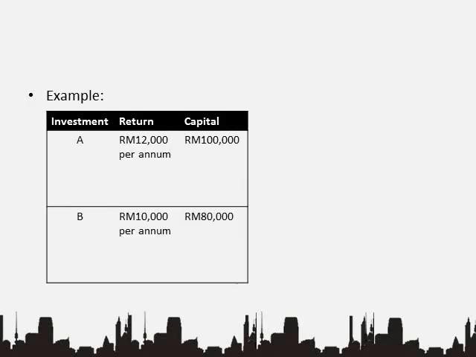Here is an example of how to calculate yields and also how to determine the best investment when comparing two investments, investment A and investment B. Investment A gives a return of 12,000 per annum and the capital is 100,000, while investment B gives a return of 10,000 and the capital is 80,000.